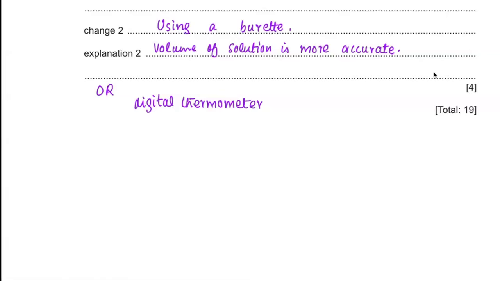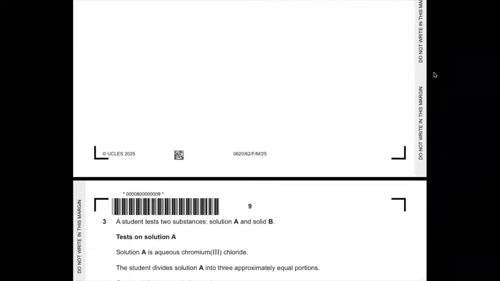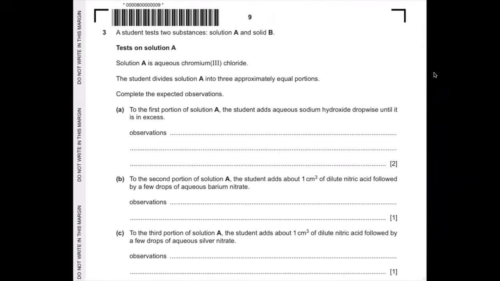Yes, you can say a more graduated thermometer, Miral, or besides this, you can use a digital thermometer, which will obviously be more graduated. So we'll get a more accurate change in temperature. And obviously, if the change in temperature is more accurate, then the result is improved. Now, question number 3.